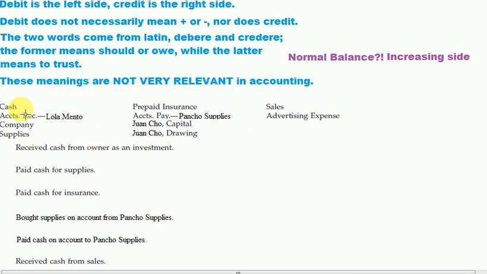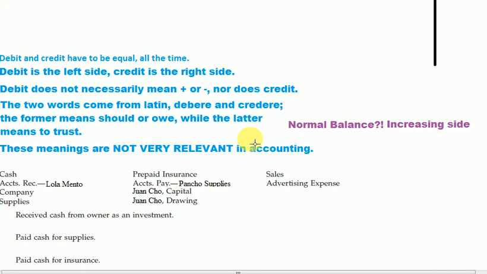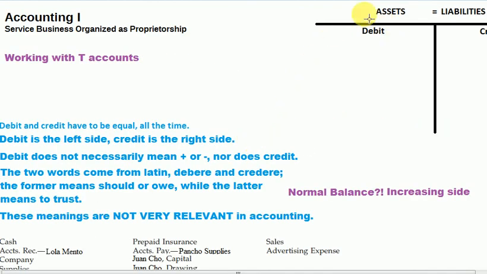You have cash, account receivable, company supply, prepaid insurance, Pancho supply, account payable, Huangcho capital, Huangcho drawing, sales, advertising expense. Each account title has to fall under the category of either asset, liability, or owner's equity.